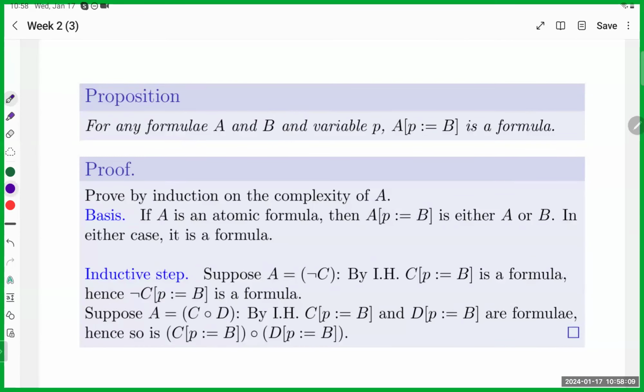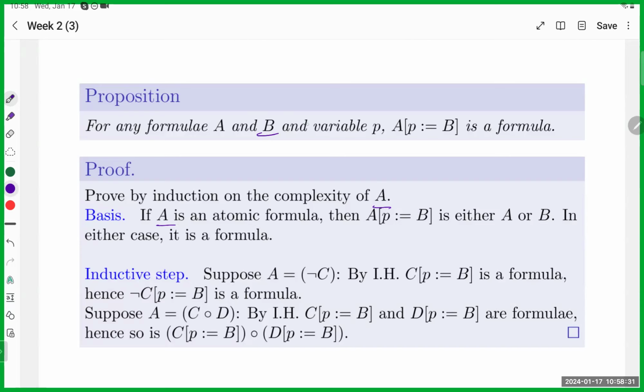How do we prove this? By induction on the complexity of the formula. By the way, not on the complexity of formula B. B is a fixed formula. We're going to fix B. The proof is by induction on the complexity of A.